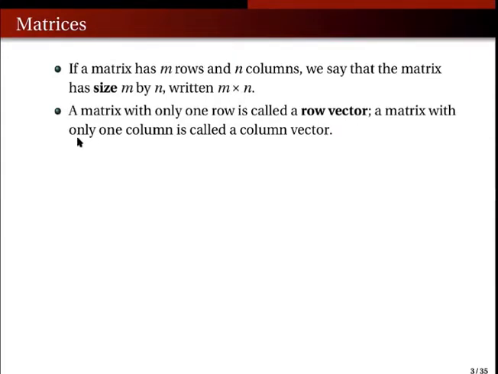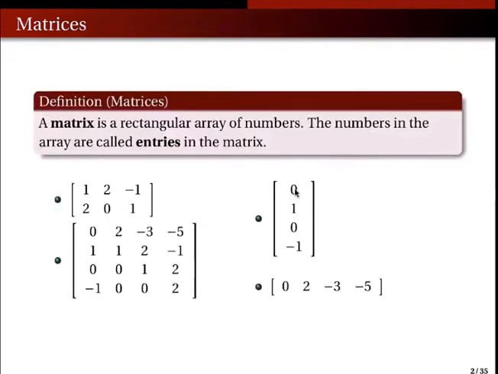A matrix with only one row is called a row vector, and a matrix with only one column is called a column vector. So if we go back to this example, this one here is a column vector because it has only one column, and this one here is a row vector because it has only one row.